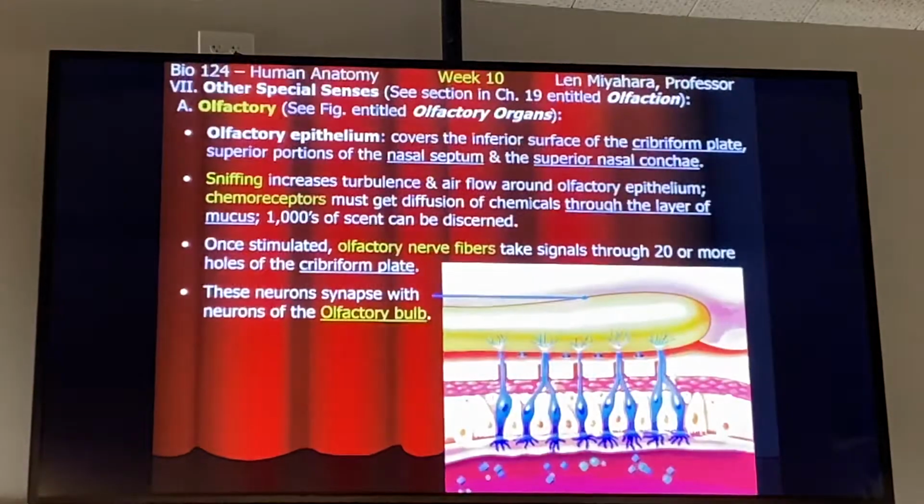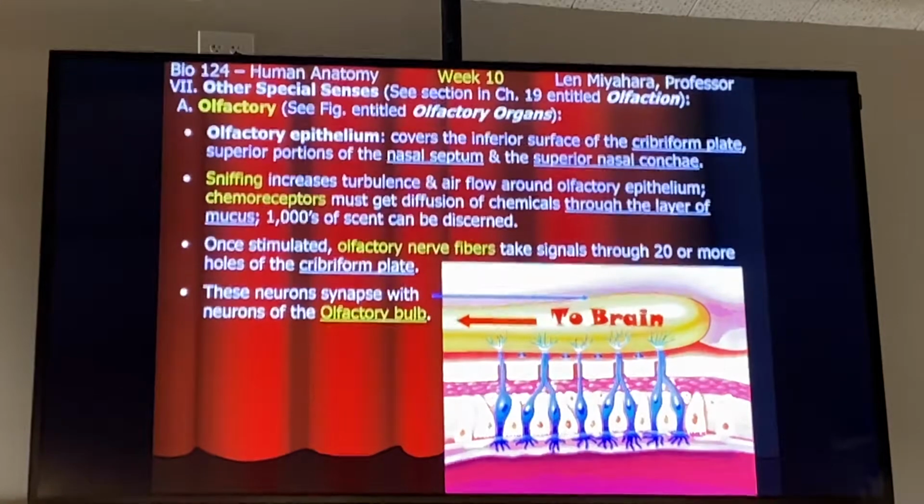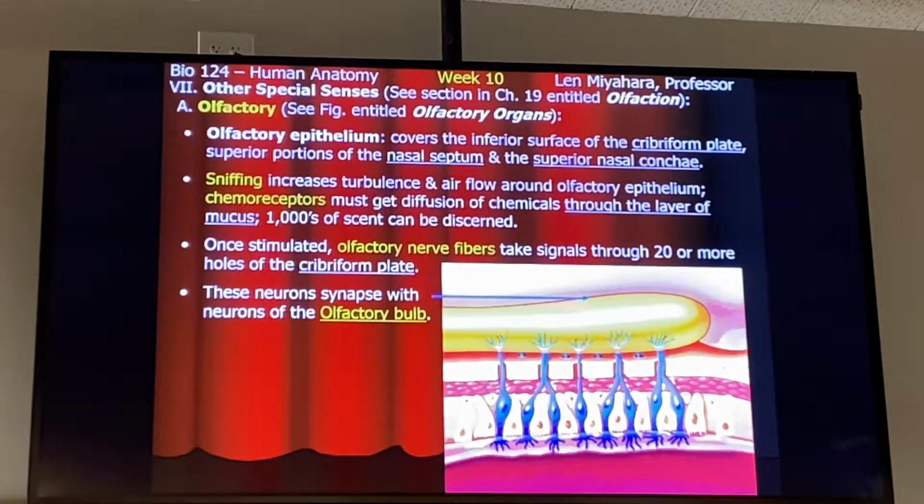Now this is what I was talking about in lab, but let me put this over here. Olfactory pathway and gustatory pathway are a couple of possible short essays.